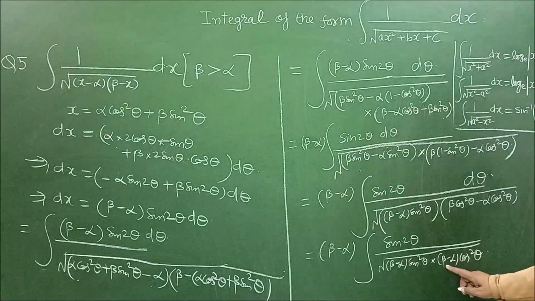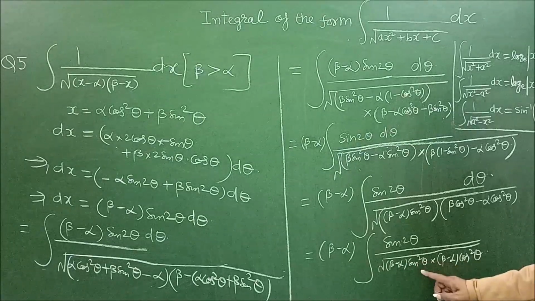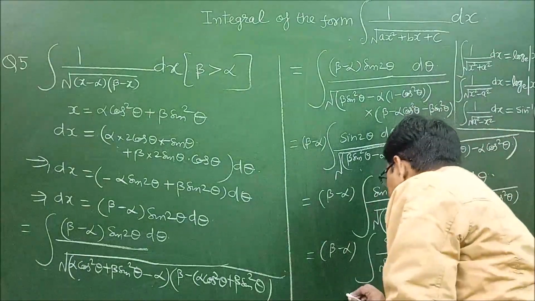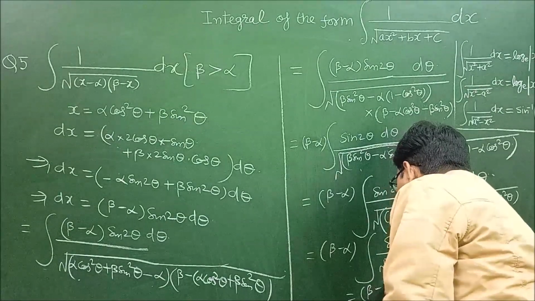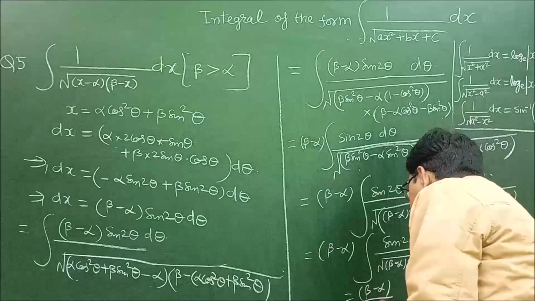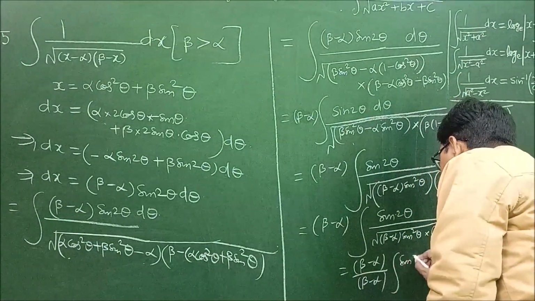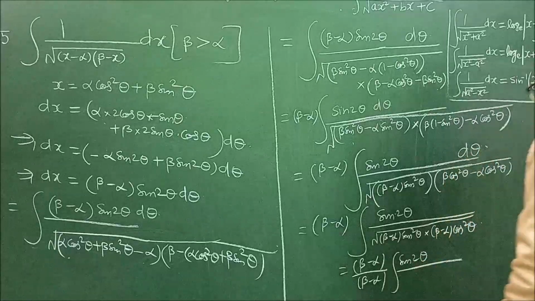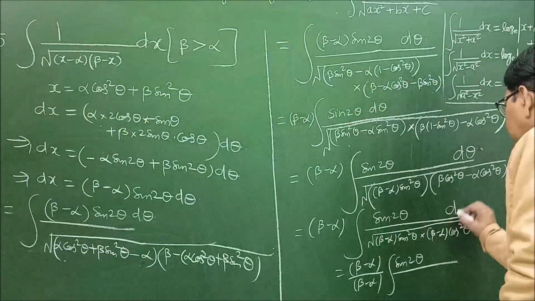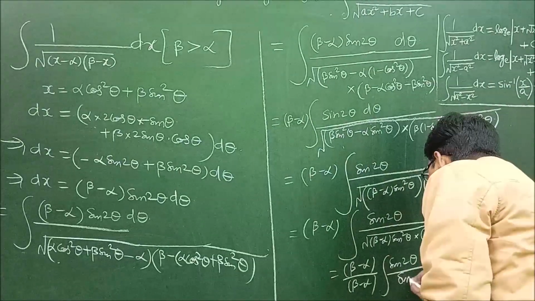Now (beta minus alpha) into (beta minus alpha) is (beta minus alpha) squared, so it will come out as (beta minus alpha), and this (beta minus alpha) whole squared will come out as (beta minus alpha), and the integral of sin 2 theta upon this, sin squared theta into cos squared theta under the root is sin theta cos theta, d theta.